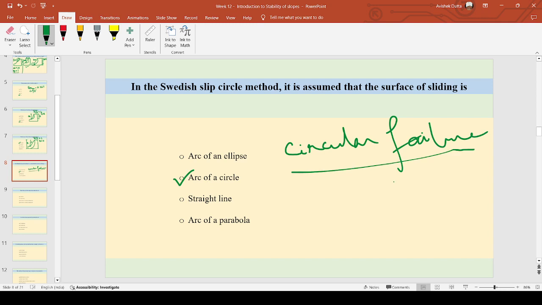Hence, the arc of a circle is being considered as the surface of sliding of the soil materials when we perform the stability analysis using the Swedish slip circle method. The answer is, the surface of sliding is assumed to be an arc of a circle.